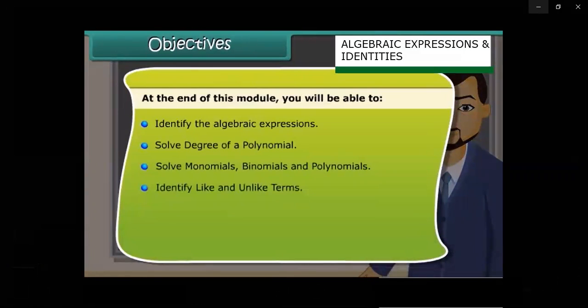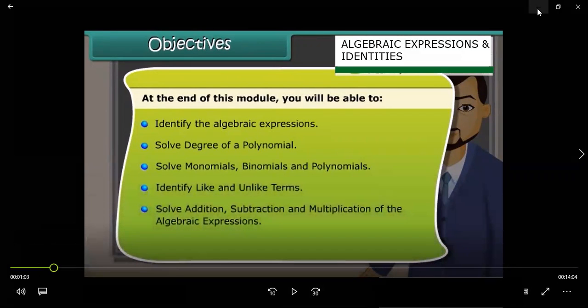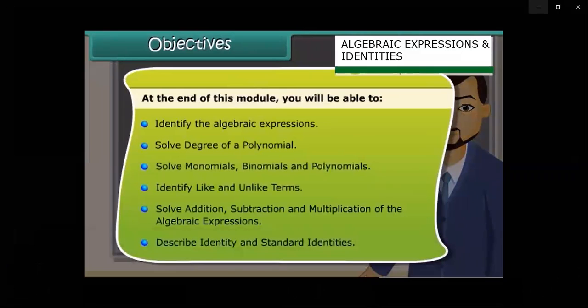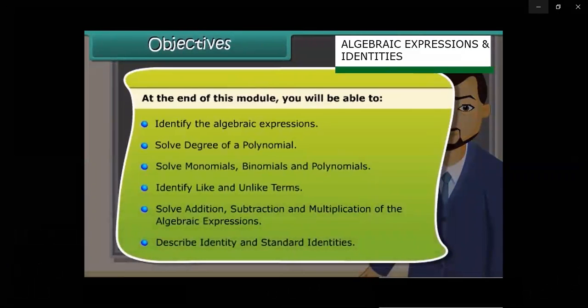Then identify like and unlike terms. Then solve addition, subtraction, and multiplication of algebraic expressions. The last one, describe identity and standard identities.